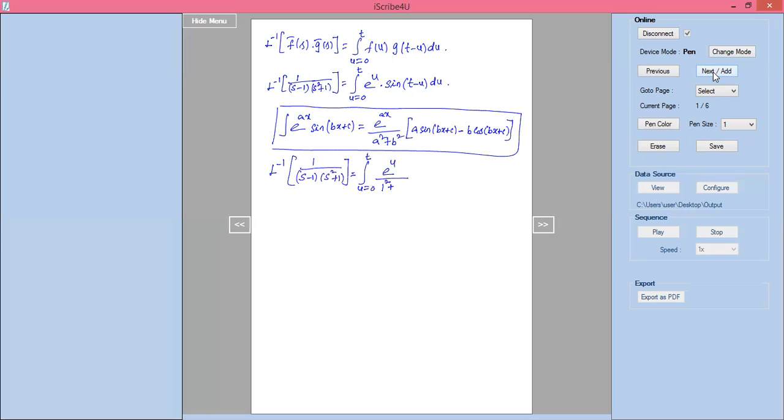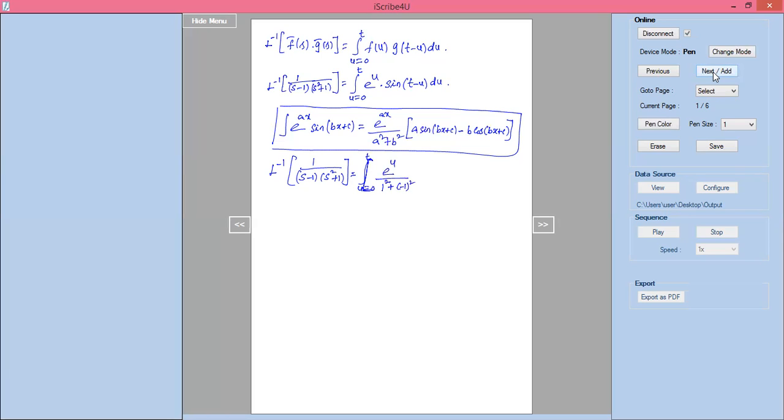Since t minus u is there, the x coefficient in bx plus c is minus 1 here. So minus 1 square. A is 1, B is minus 1, into, while applying this, this integration is not required. You put it like this, and u equal to that limit I will write at the end.